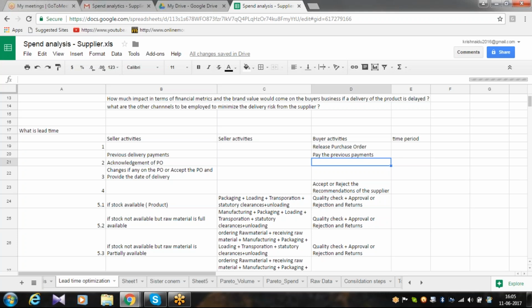They release POs, but sometimes when a big payment is overdue, suppliers will hold the POs. They'll ask first to pay the previous payments. So that also will create a delay in approving or acknowledging the new POs.